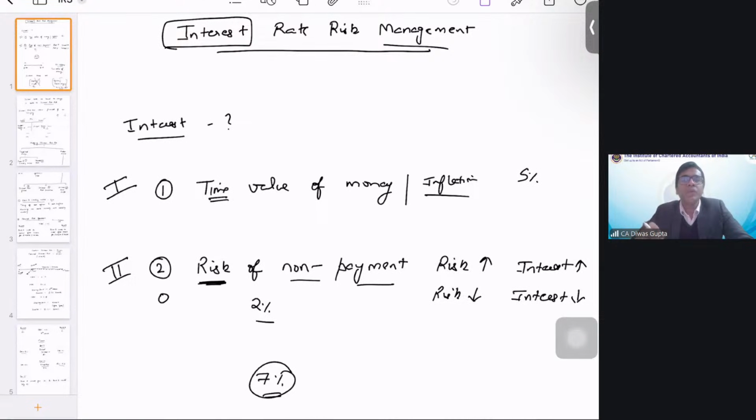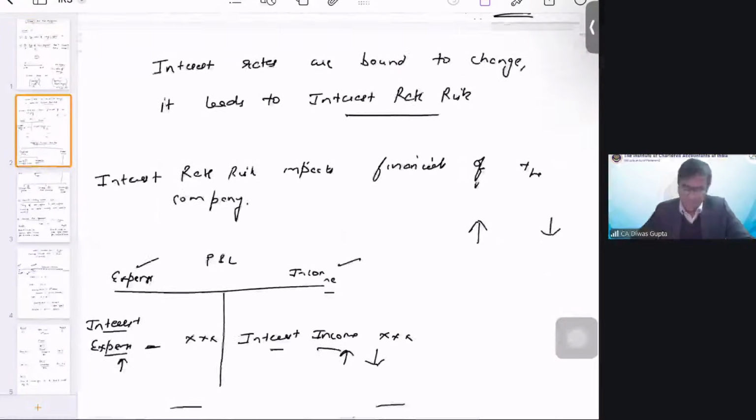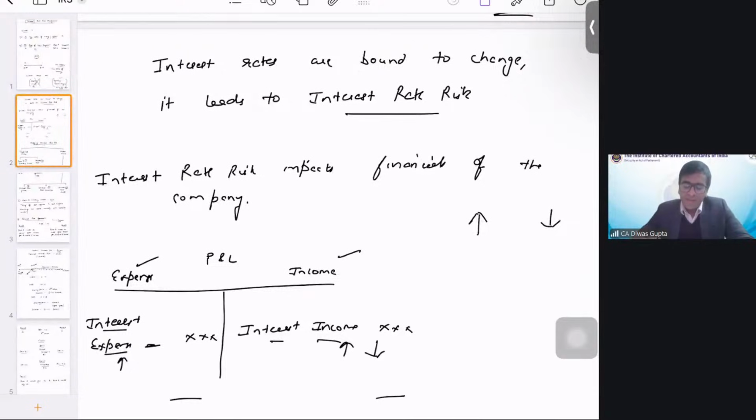And to mitigate that risk, whatever techniques or strategies we use are called interest rate risk management. We will cover what those specific strategies are. Now, if you recall in our previous session, we said the interest rates are bound to change, which is fine.